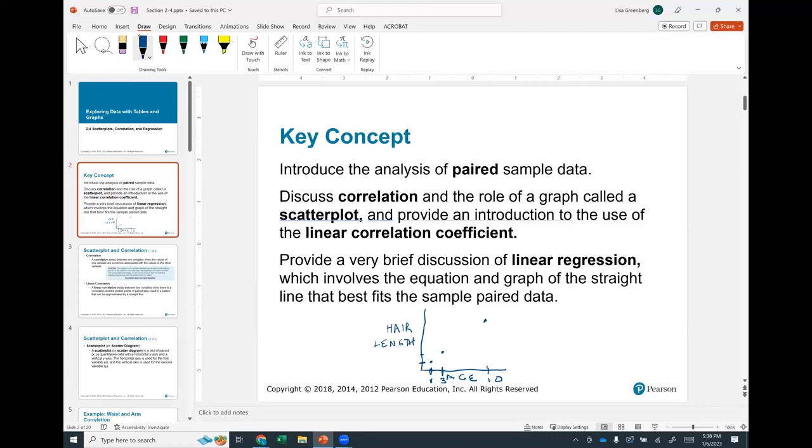So this is the length of the hair. It's getting longer and longer. But now at some point, who knows where, maybe out here when they're 40, they decide to get a new kind of hairstyle and they cut it really short. Okay, and they keep it short for a really long time.